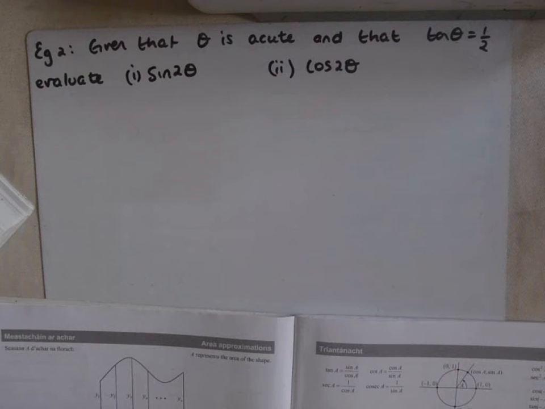Given that theta is acute and that tan theta is a half, evaluate sine of 2 theta and cos of 2 theta.